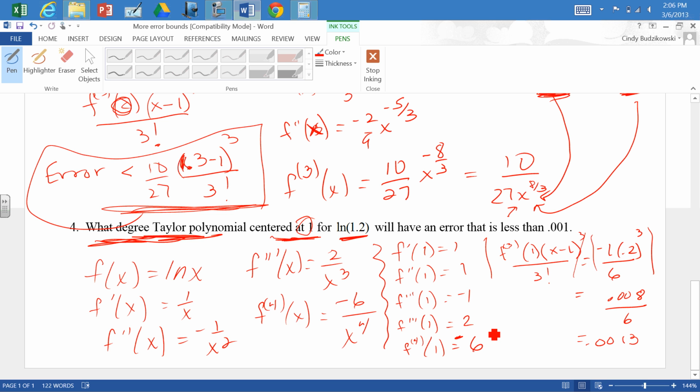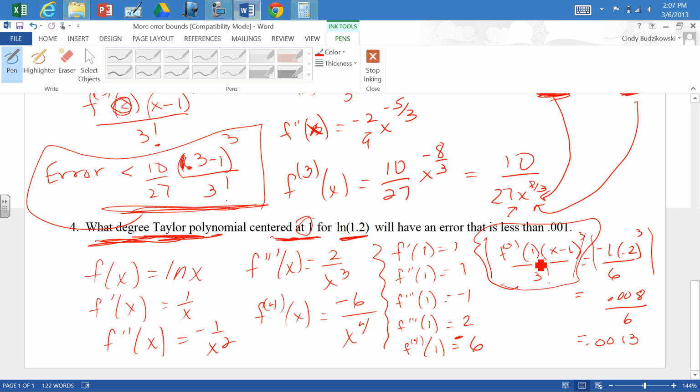So I just messed around here, and I figured out the error bound for a second degree polynomial. So I went to the third degree, and that's what I'm doing here, this third degree error bound.